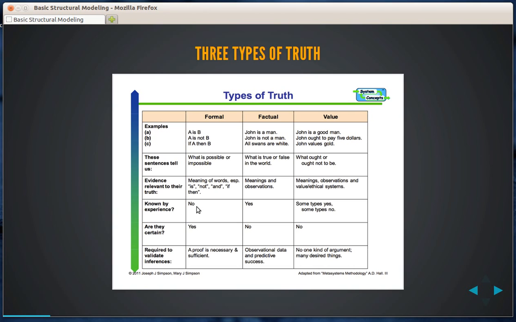Formal truth is really not known by experience, but factual truth is, and value truth is sometimes yes, sometimes no. And so in the basic structural modeling approach that was developed by Warfield, he mixes these two types of truth. We have the formal truth and the factual truth mixed in the same kind of operations. So this is a very interesting approach that can lead to great efficiencies in structuring systems if it's used correctly.